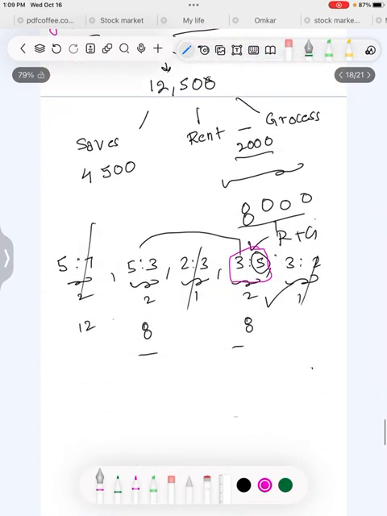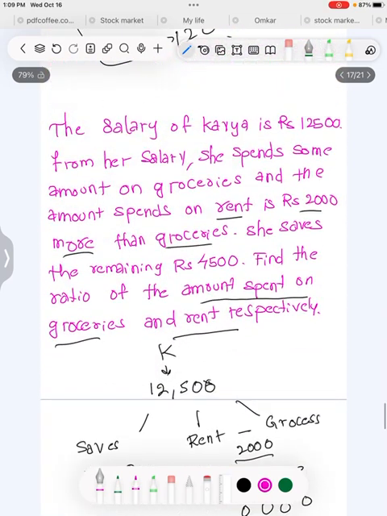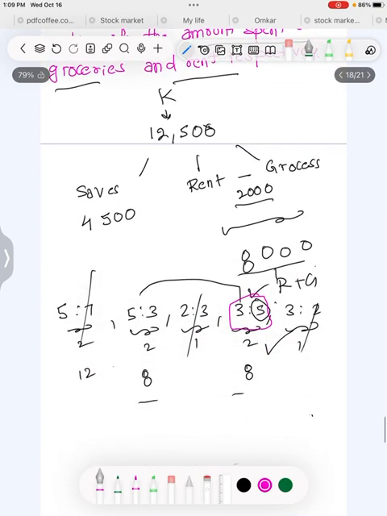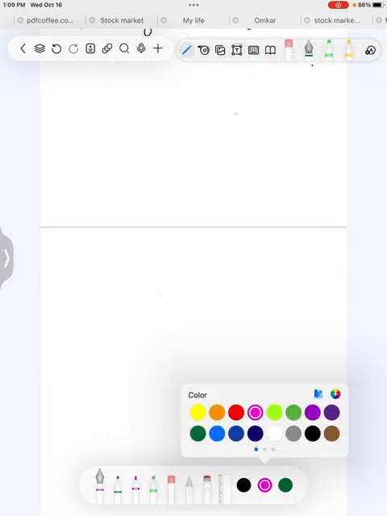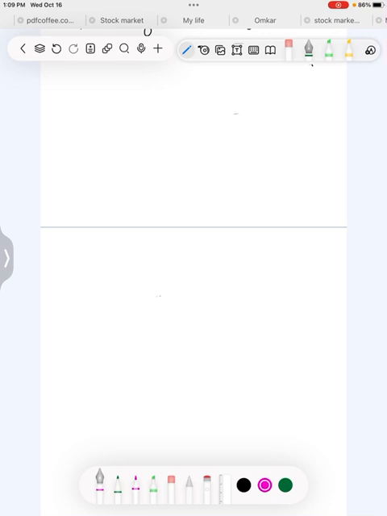So let us go to another problem. Okay, so here the problem is two trains X and Y have a speed.